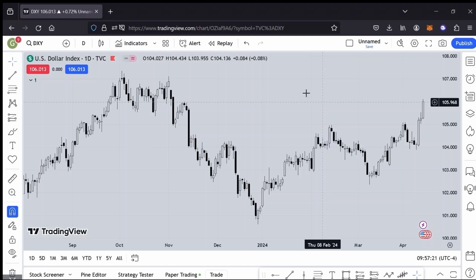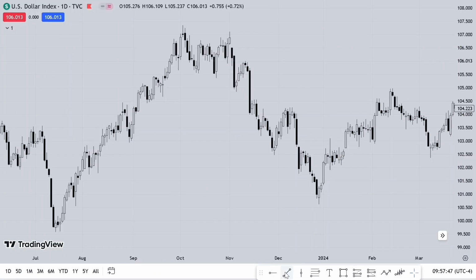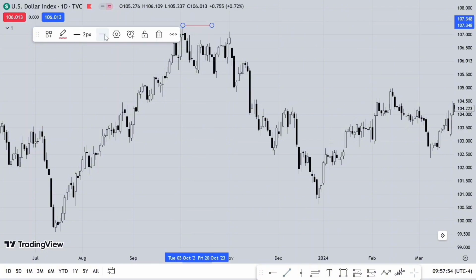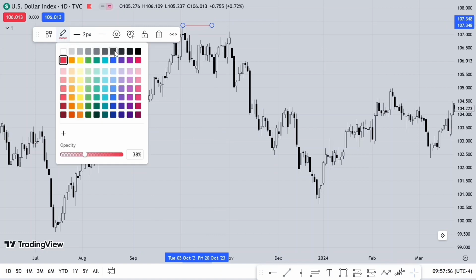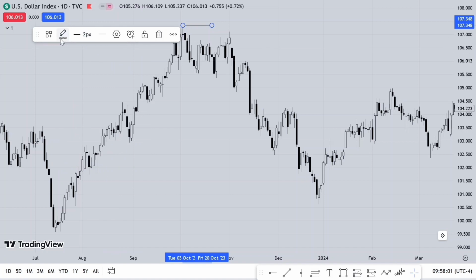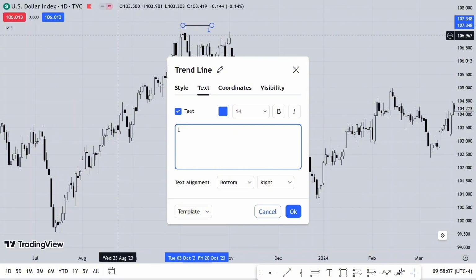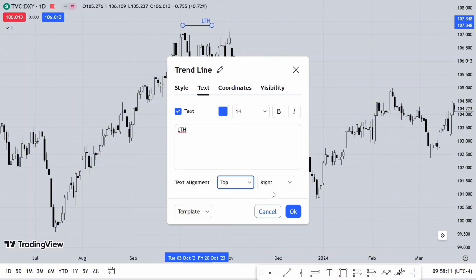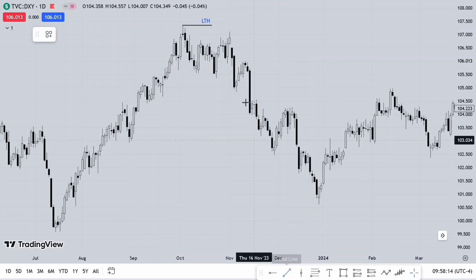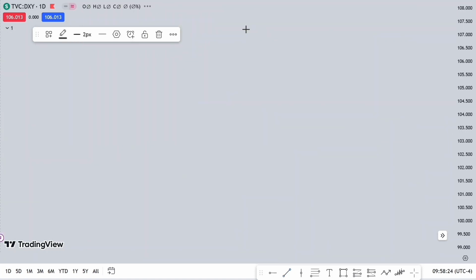So what the algorithm does, let's say this here is the long-term high, and this here is the intermediate term high.